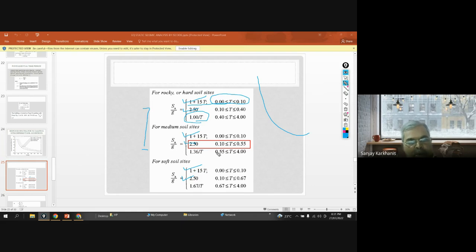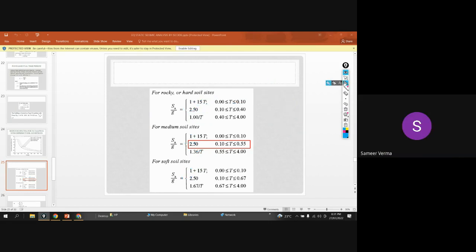Then from 0.55 to 4, you will get 1.36 upon T, again it is a logarithmic decay. And for soft soil, 0.67 to 4, you get 1.67 by T, again logarithmic decay. Clear? Yes, sir.